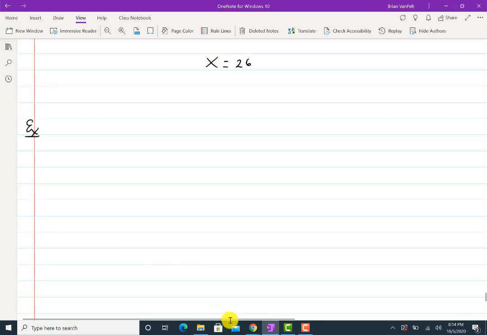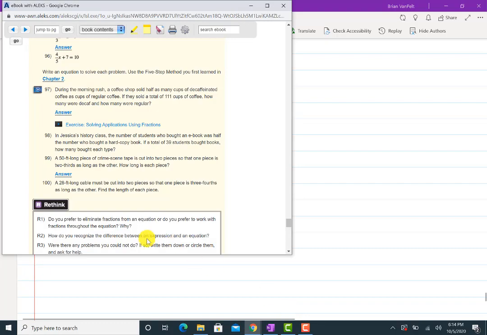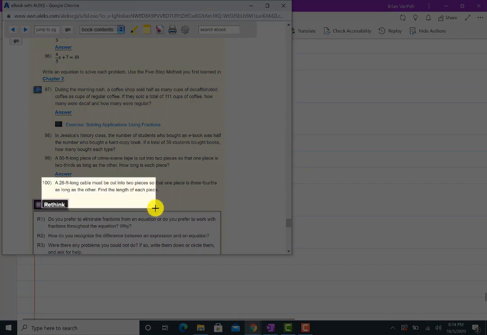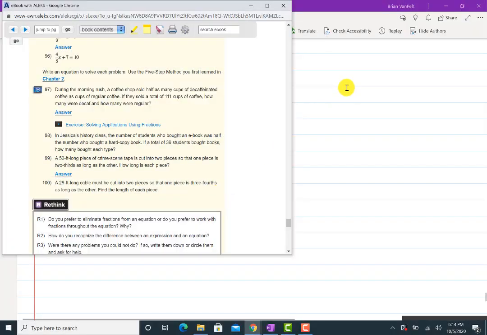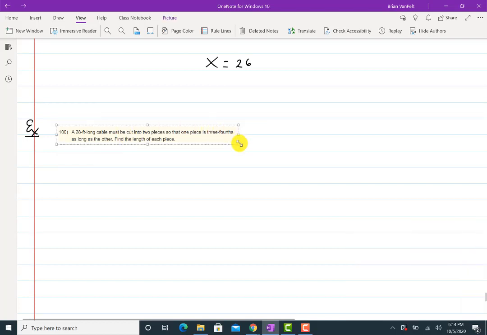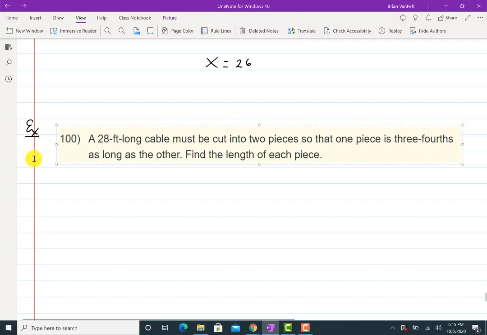Another example from the textbook, I am going to grab problem 100. We have a 28-foot long cable that must be cut into 2 pieces.